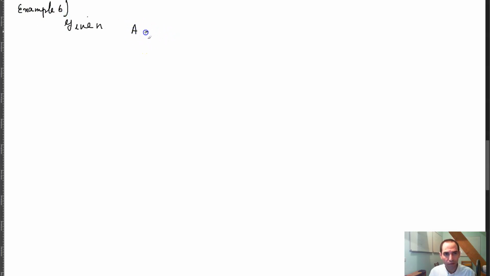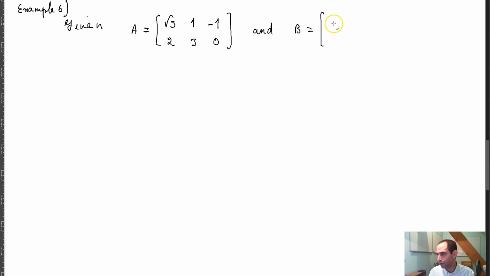Given that A is equal to a matrix, square root of 3, 1 and negative 1, and 2, 3, and 0, and B is a matrix, 2, square root of 5, 1, negative 2, 3, and 1/2, you want to find A plus B.